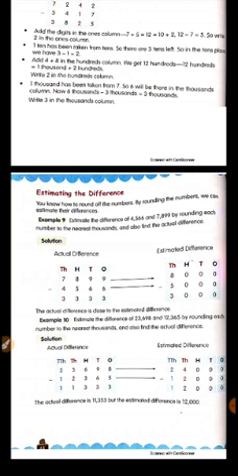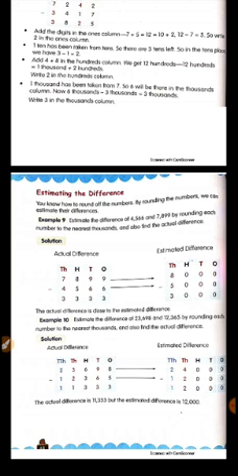So we have to find both the actual difference and the estimated difference. Let's see the actual difference first. 7899 minus 4566 gives us 3333.